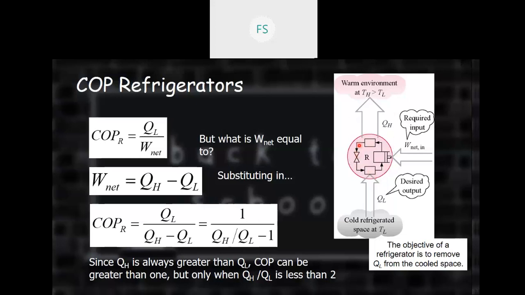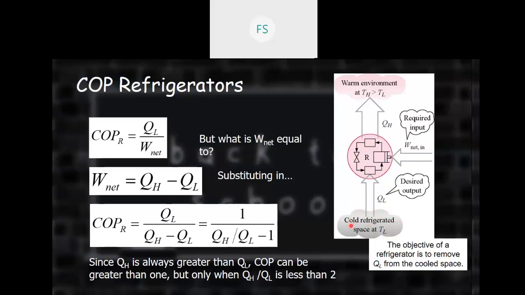This is our refrigerator and it consists of four main components. The evaporator here is used to absorb QL, and this QL is the desired output, because the objective of the refrigerator is to remove QL from the cool space.